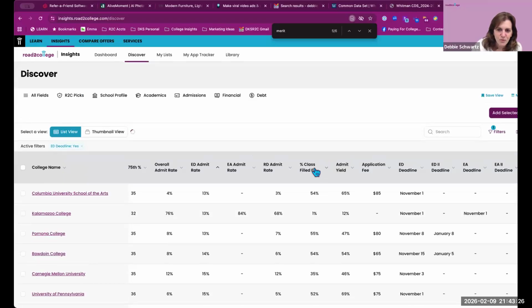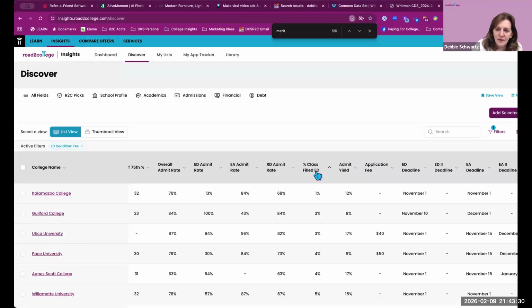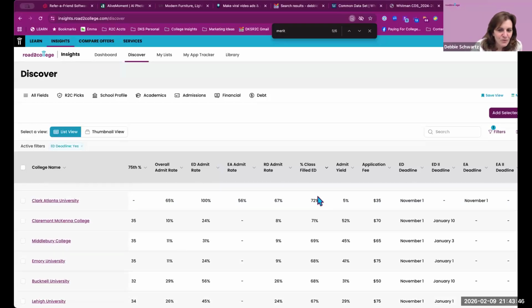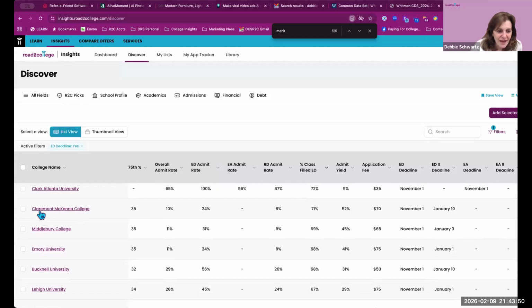In fact, let's actually sort this column. And you're going to see, okay, here's where some of the numbers get wonky. Advent Health University, never even heard of it, but they probably didn't share the accurate information, and so I would ignore that. But I would start looking at this at Claremont McKenna. They take 71% of the class early decision.